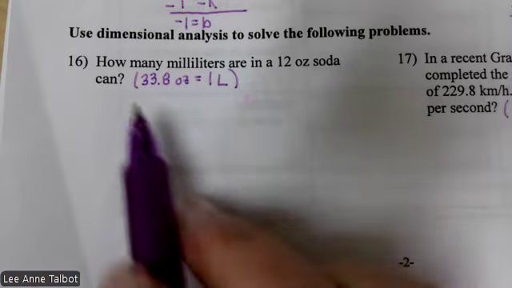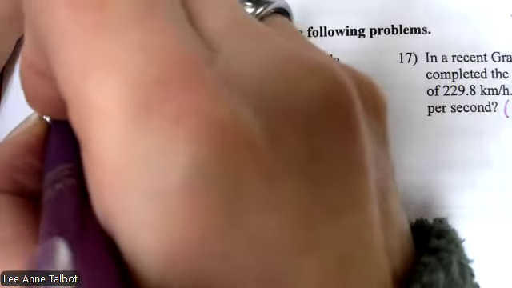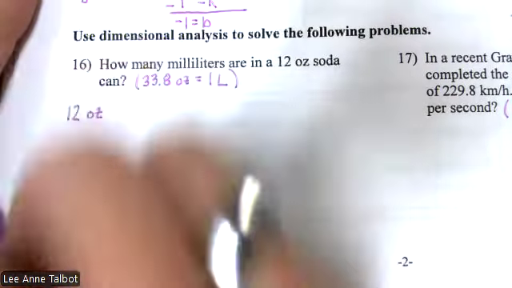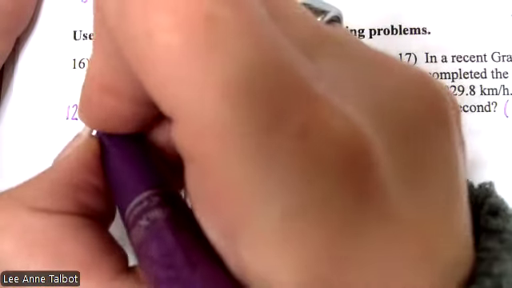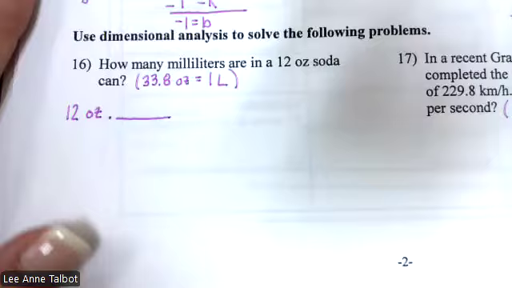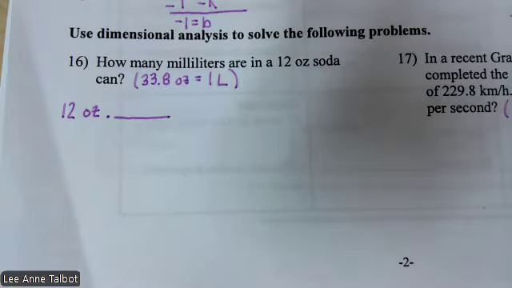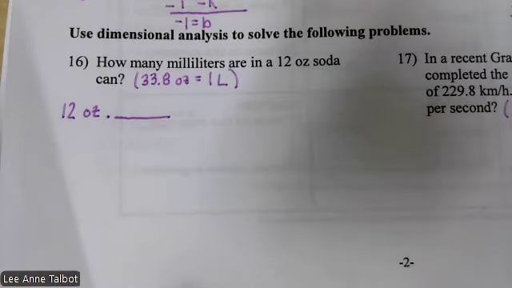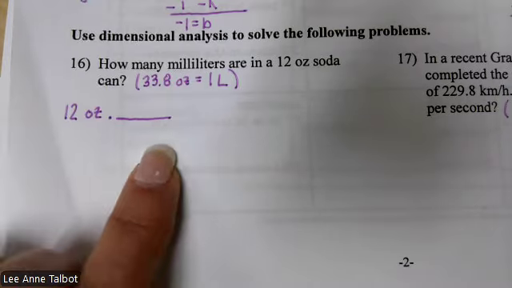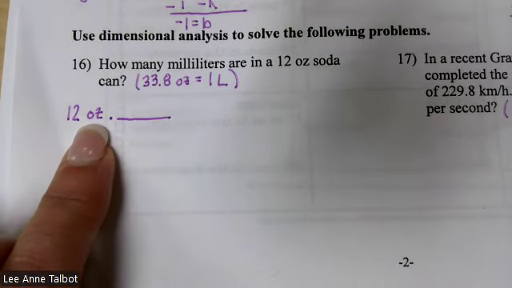How many milliliters are in a 12-ounce soda can? So I start with 12 ounces. This one is not a rate, so it's just 12 ounces, and I make my times line like this. And if you want to, you can put it over 1 if that makes you happy. And what should go on the bottom if ounces is on the top up here?